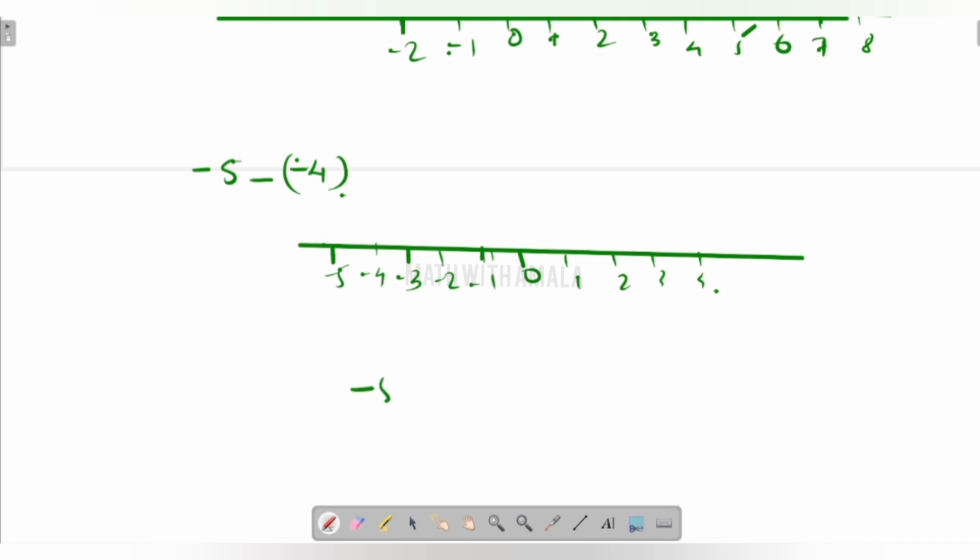Minus 5 plus 4 is equal to minus 1. Okay, that means 4 minus 5, that is minus 1. So you have to move towards minus 1. That means towards the right of minus 5, jumping 4 units, only 4 units towards right of minus 5.